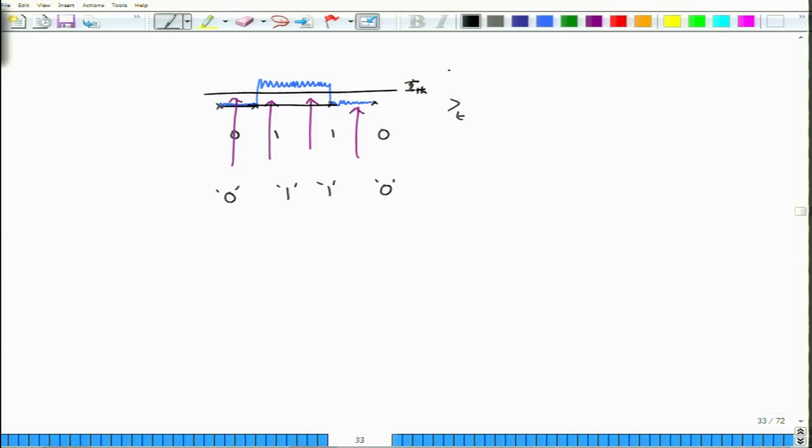Now you can make errors in various ways. One is when the noise gets too large. For example, if this is your thermal noise, and to this you add a lot of shot noise as well, then for 0 you still do not receive any error. So 0 is all right. For the 1, when you sample here, or maybe the noise level was not exactly like this, let us say the noise level is like this, the sampled value actually becomes less than the threshold.